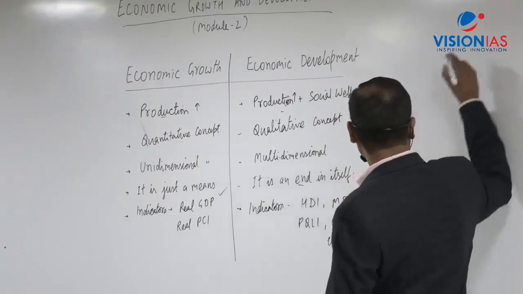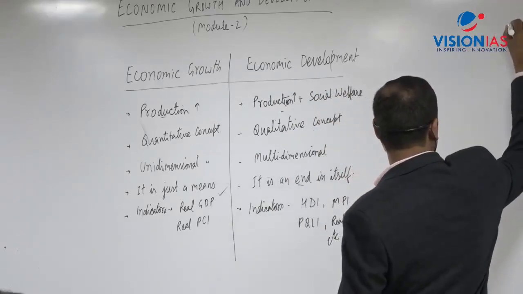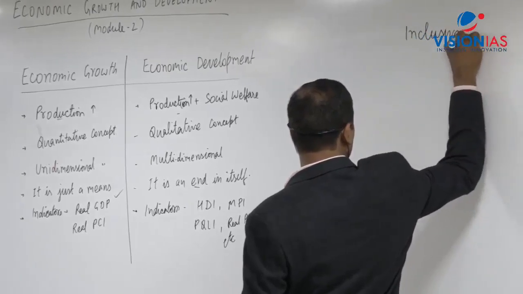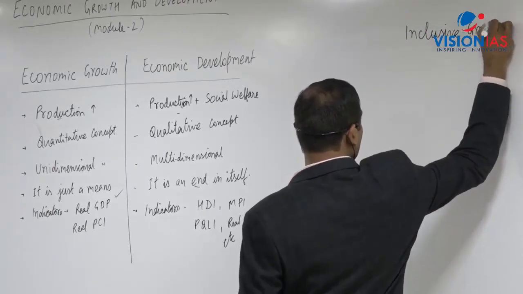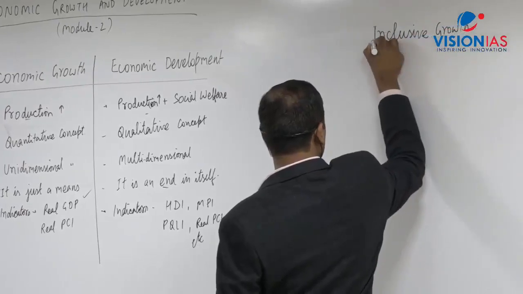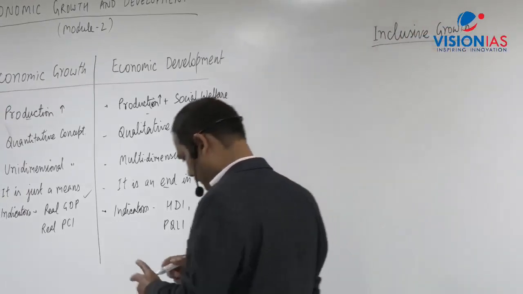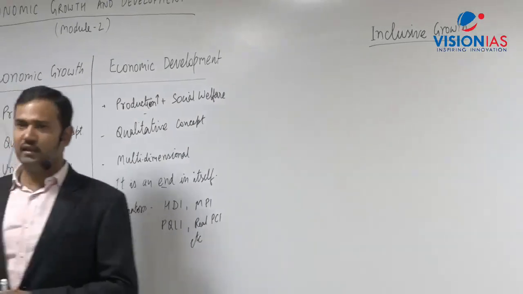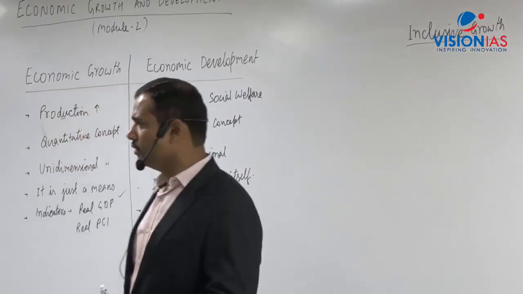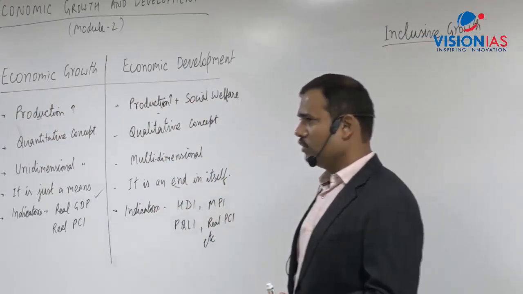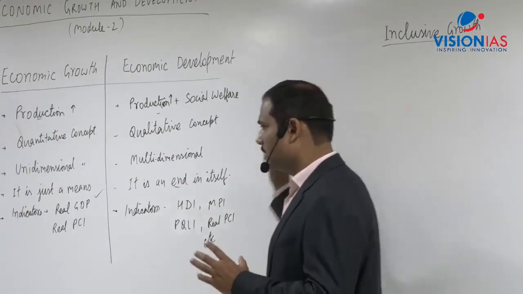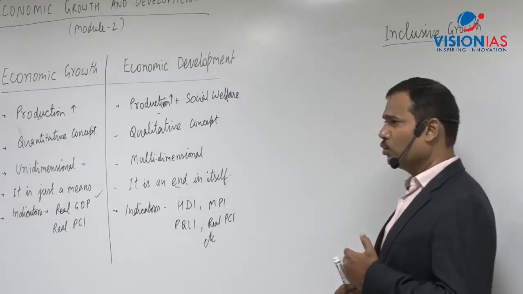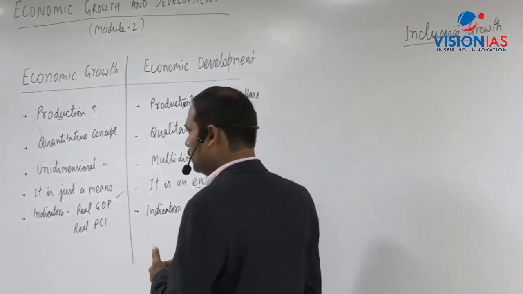Now, another term is inclusive growth. So can you tell me what is inclusive growth? Growth is contributed by the whole society. So it is close to which one? Economic development. So close to economic development. Okay.